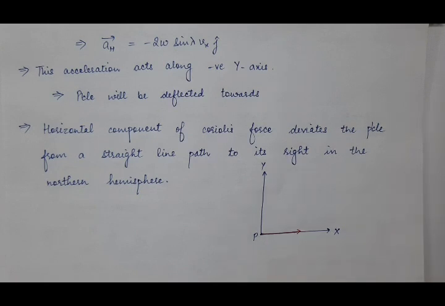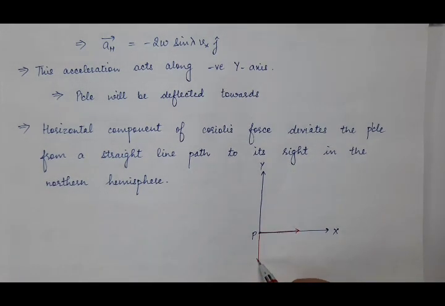But we know that apart from the equator, at every point on the surface of Earth there is always a horizontal component of Coriolis force acting upon a particle in motion. Here, the Coriolis force is acting towards the negative y-axis.